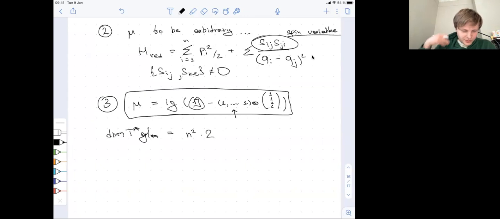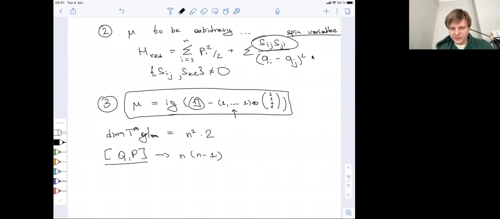Then when you perform the Hamiltonian reduction, you have a moment map in Q and P, which gives you additionally n multiplied by n minus 1. Why do I call this so? Because the trace of the commutator is 0, right? But you have n multiplied by n minus 1 additional first integrals.